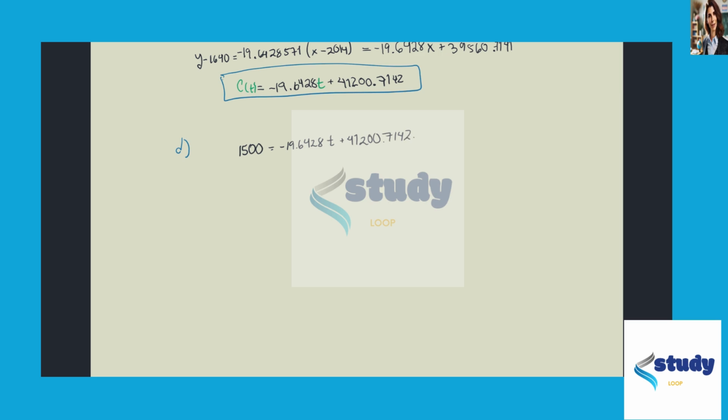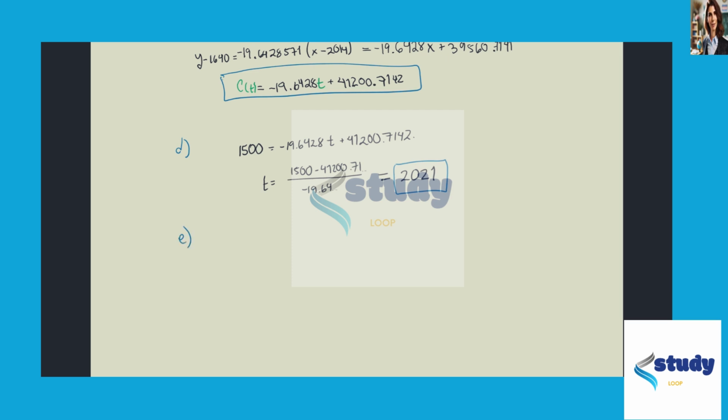And the solution is t equals 1500 minus 41,200.71 over minus 19.64, and an integer approximation of this quotient is 2021. So we're going to take this as the year at which the concentration is expected to be 1500.